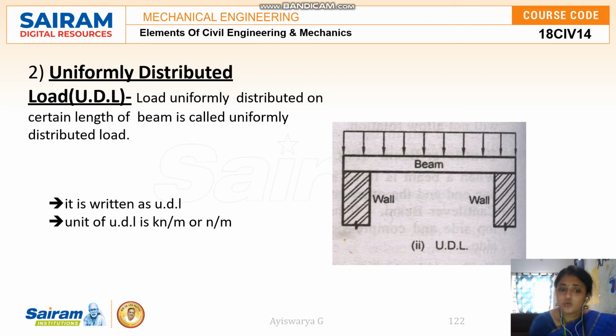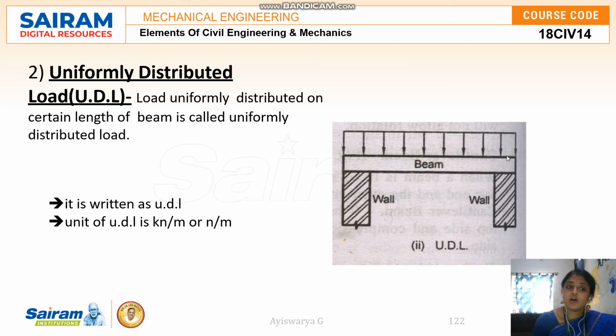It is called uniformly distributed load, in short UDL. The UDL unit is kilonewton per meter or newton per meter. There will be walls at both ends, and in the beam, for example, from 0 distance to 10-meter distance or 5-meter distance, whatever, the load distribution will be the same. In other words, it is also called a rectangular distribution of load.